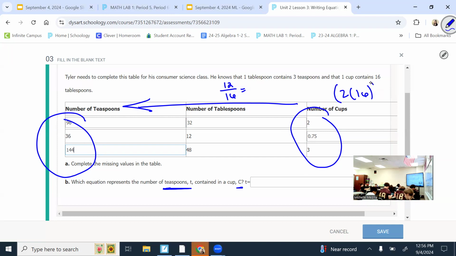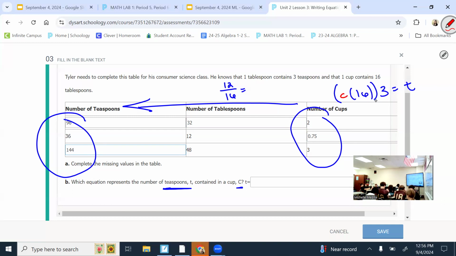I multiplied that by... what did I do to 32 to get 96? So this will give me my number of teaspoons. Taking my cups, which in this random situation I had 2, but it's varying each time, multiplying it by 16 to get my tablespoons, and then multiplying it again by 3 to get my teaspoons. Now, I don't think it wants you to type it like that, so we're going to condense it.